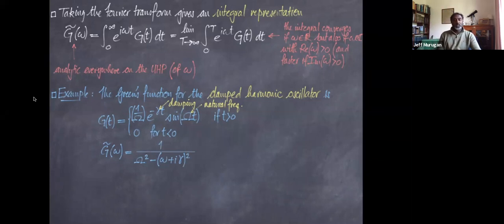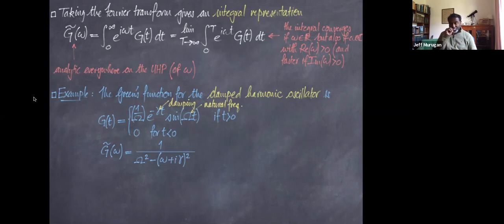And you can see that this quantity is always finite on the upper half plane, but there are in fact poles at omega equal to minus i gamma plus or minus capital omega in the lower half plane. And in fact, the only way a causal Green's function can have a pole in the upper half plane is if G itself has an exponentially growing factor, which makes it unstable to perturbations.